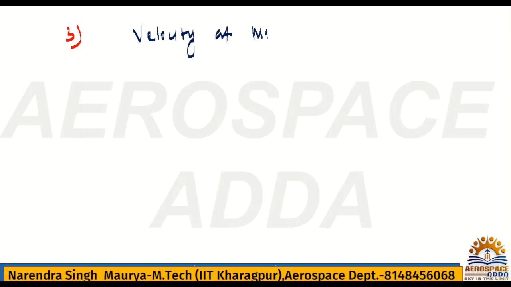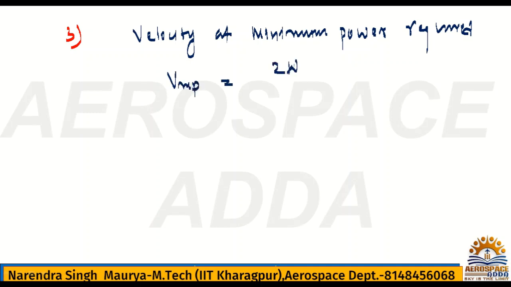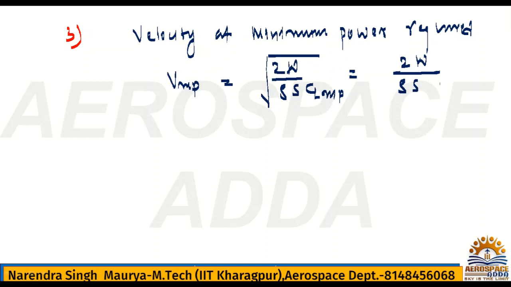Velocity at minimum power required. What is VMP? Same you can write 2W by rho S CLMP. What is the CLMP?